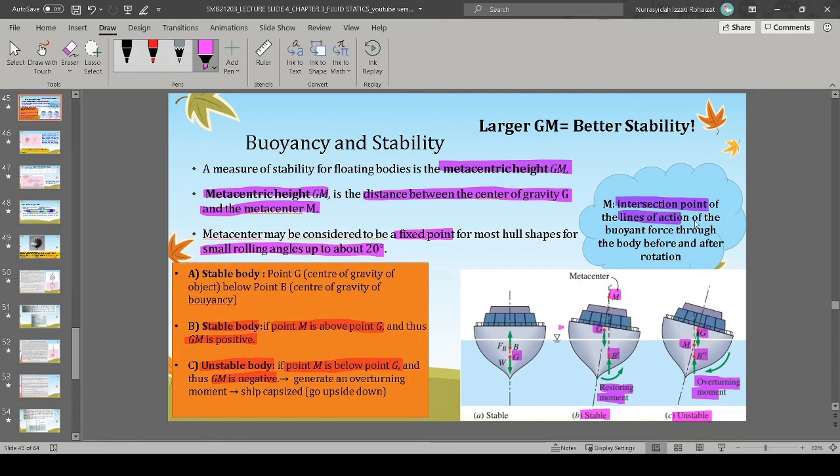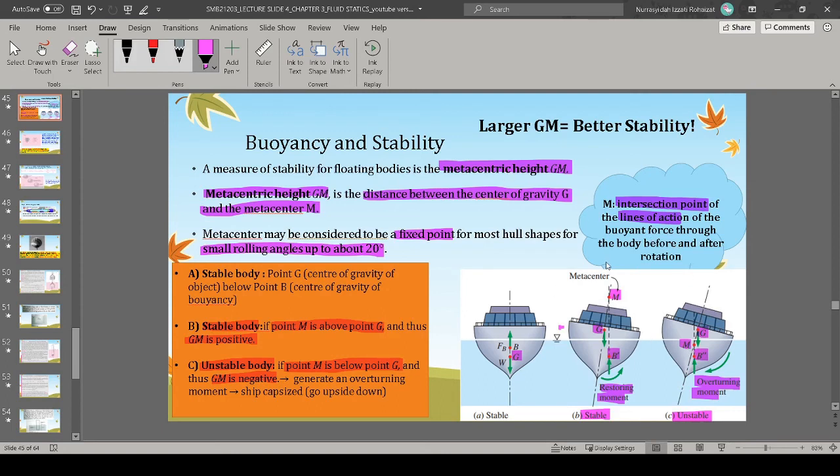So in this case, from point B to M is this, and point G to M is this. So the point of intersection is denoted as M. So for this case, when B line of action is straight but our G is somewhere there, the intersection point will be M.